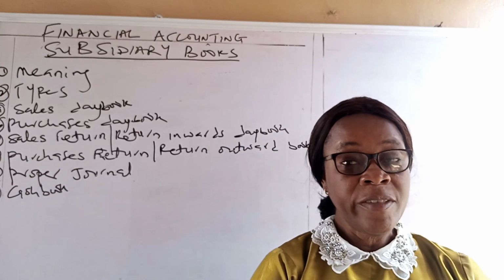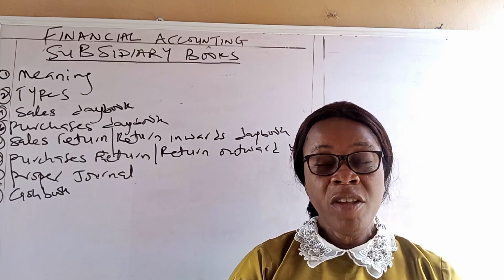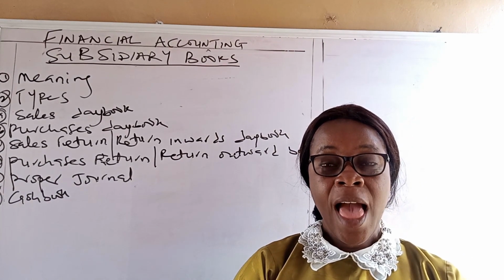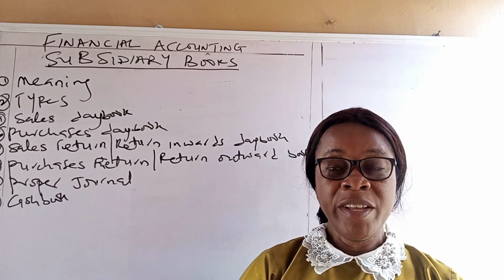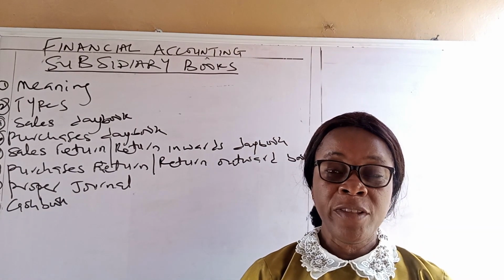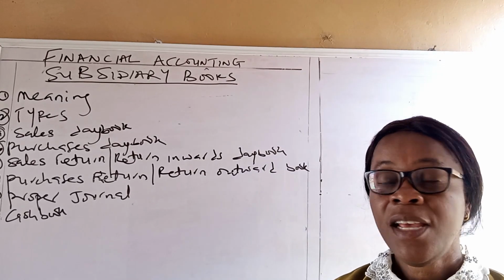Such transactions are sale of fixed assets on credit, purchase of fixed assets on credit, transfer between accounts, when bad debt is written off, and correction of errors and so on and so forth. They are recorded before they are posted into the ledger.